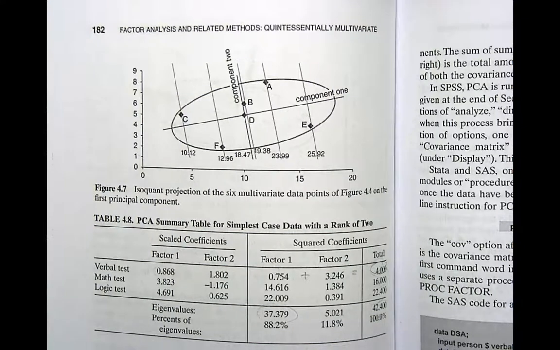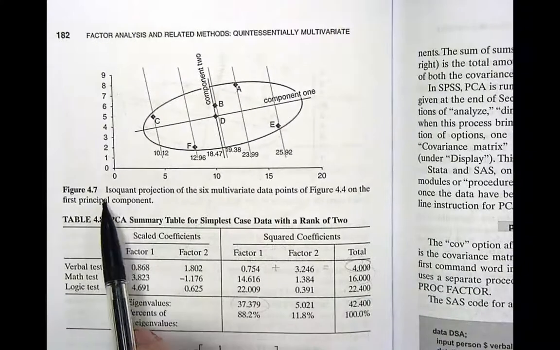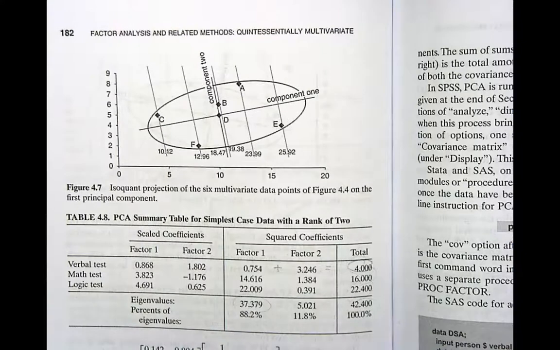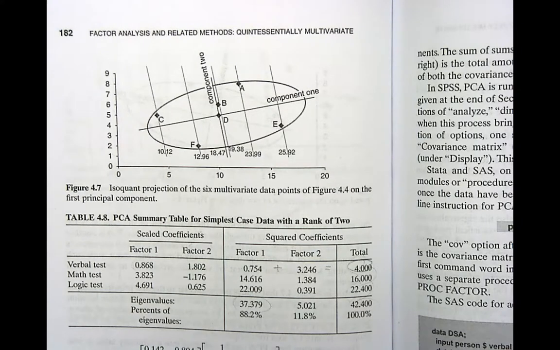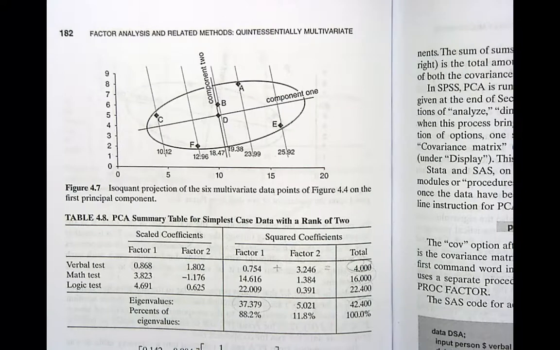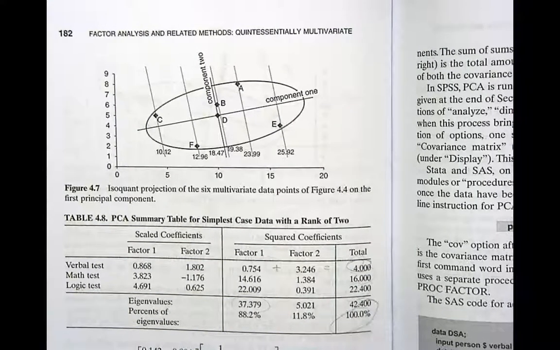So, just to recap, this video was an explanation of figure 4.7, which used isoquant projections, these lines, of the 6 multivariate data points on the first principal component. And I also explained table 4.8, the PCA summary table for simplest case data with a rank of 2, and we noticed that all of the variance is accounted for.